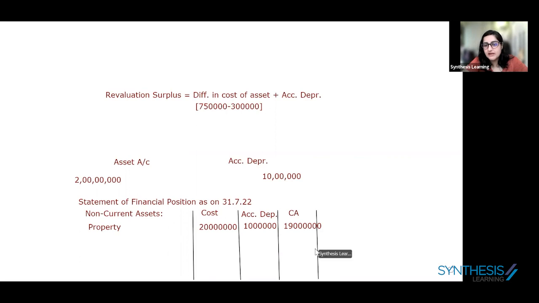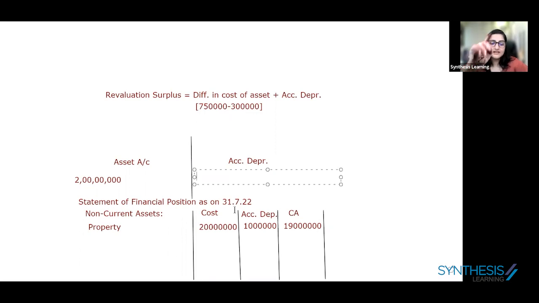आज अगर मैंने आज के डेट पे रीवैल्यू किया था तो आज के डेट पे मेरा कैरिंग अमाउंट कितना दिखना चाहिए था बुक्स में, 2 crore दिखना चाहिए था ना. अभी से मैं फ्रेश काउंटर स्टार्ट करती थी ना अक्यूमुलेटेड डेप्रिसिएशन का, बट रॉन्ग दिख रहा है, कैरिंग अमाउंट 190 दिख रहा है. तो ये मिस्टेक होगी अगर मैंने अक्यूमुलेटेड डेप्रिसिएशन अकाउंट को रीसेट नहीं किया. तो रीसेट करने के लिए मुझे क्या करना पड़ेगा, accumulated depreciation account has to be debited and that should be sent to revaluation surplus. और कितना भेजूंगी, आज तक जितना भी डेप्रिसिएशन चार्ज किया है पूरा का पूरा अमाउंट तुम लोग डेबिट कर दो.